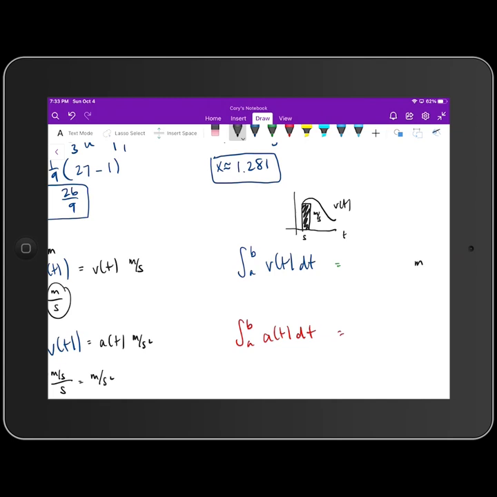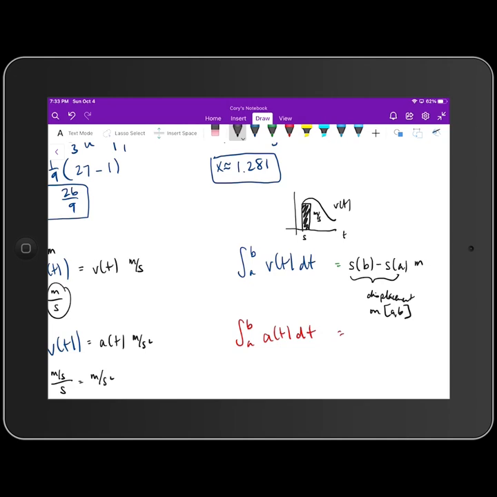And we know enough about integrating that if we use part 2 of the fundamental theorem of calculus, we can take the antiderivative of our function, evaluate it at the upper limit, minus the antiderivative of the function evaluated at the lower limit, and s of b minus s of a gives us a displacement on the closed interval from a to b. So displacement is the change in position.